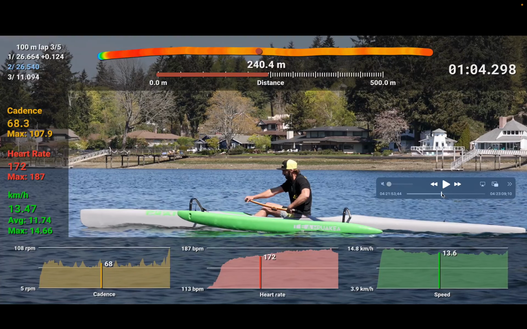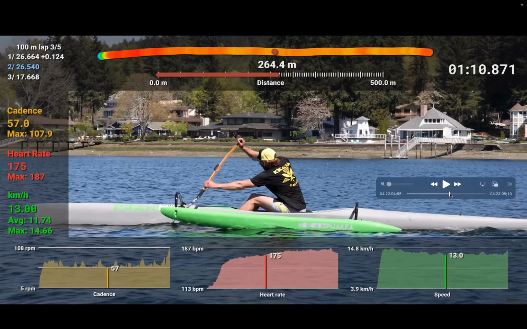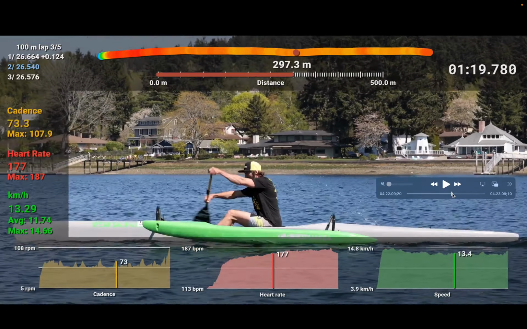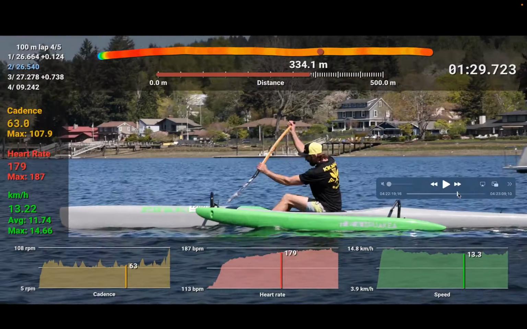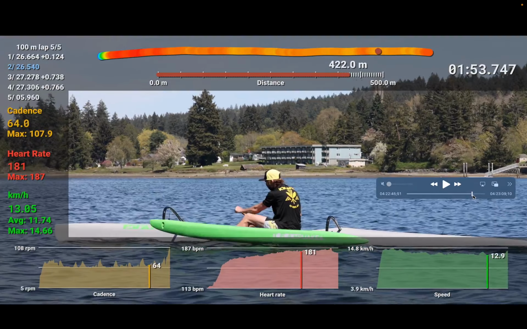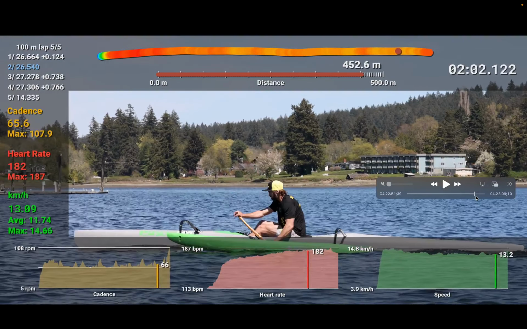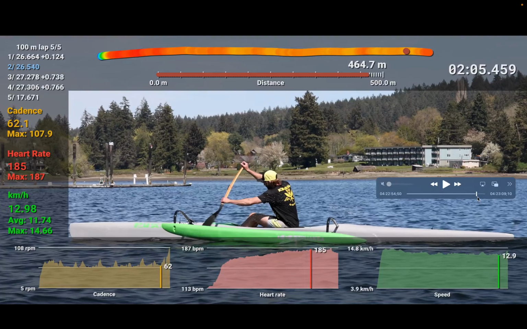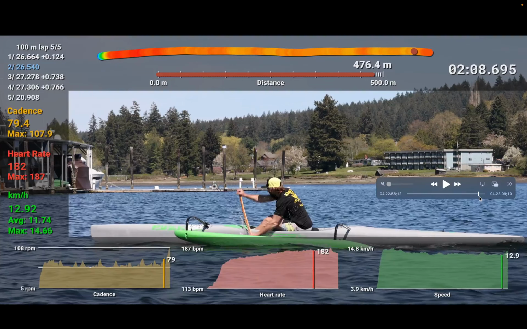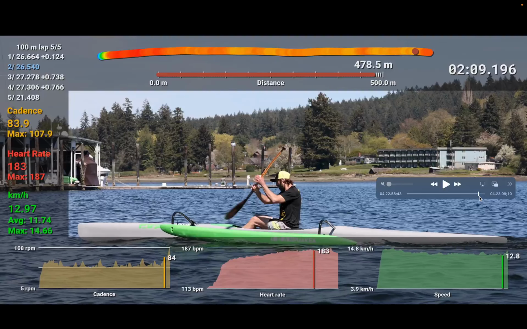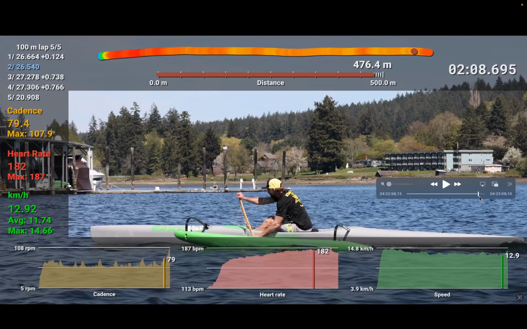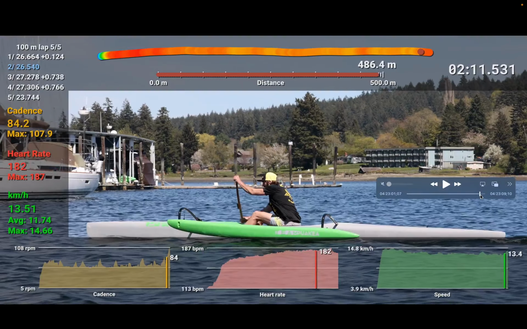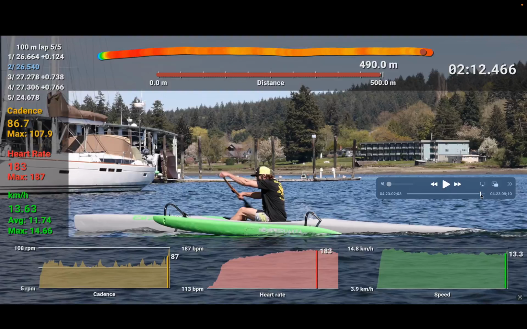You maybe wouldn't dip into the 12s for kilometers per hour. And I don't necessarily know if your high stroke rate near the finish, mostly on the left side, made a change, but definitely when you switch to your right side, it showed effectiveness. So these are just my personal takeaways.